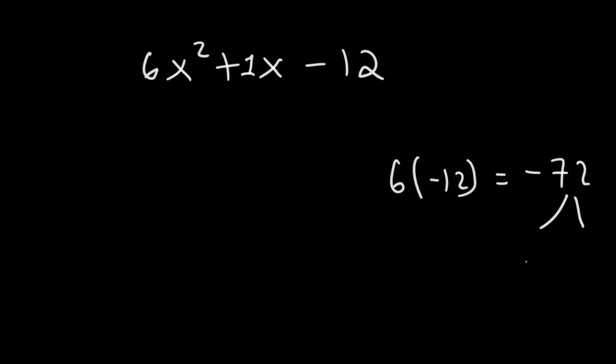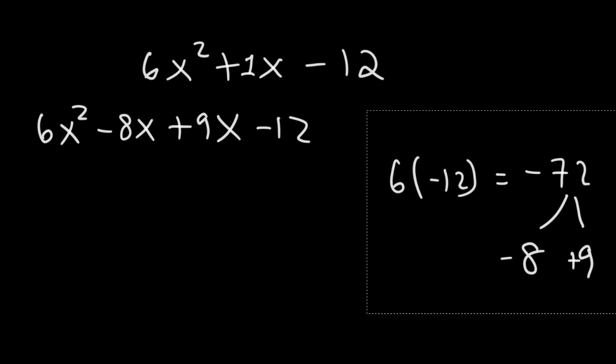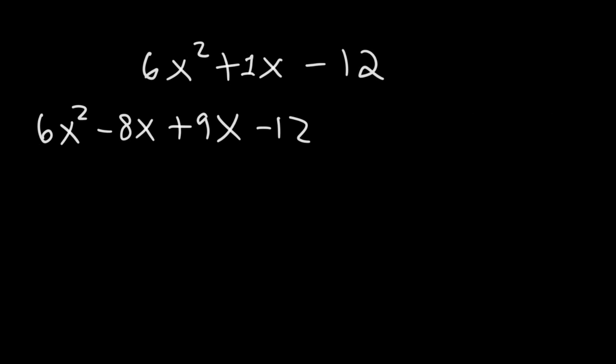So we know 8 times 9 is 72, and they differ by 1. Since it has to add up to positive 1, we need a positive 9 and negative 8. So our next step is to replace 1x with negative 8x plus 9x. Because if you add these two, you're going to get 1x. So we can get rid of this at this point.